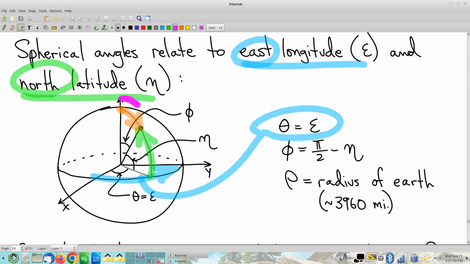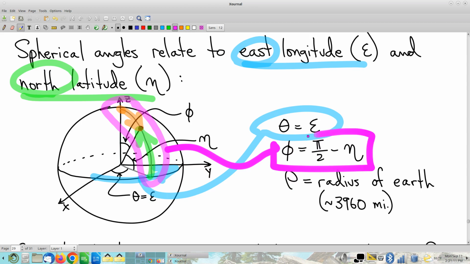You can notice that these two angles always add up to pi over 2. North latitude and phi total pi over 2. Is that satisfying? Everybody see that in the picture? So, a couple of easy relationships.